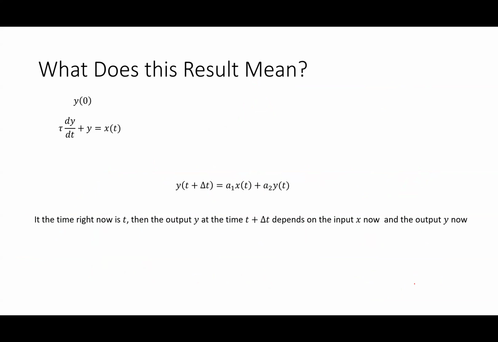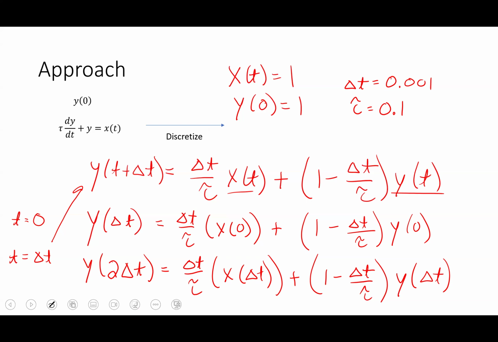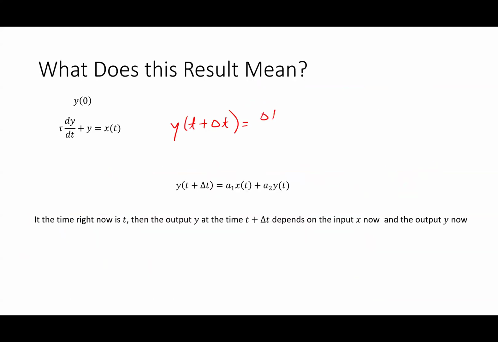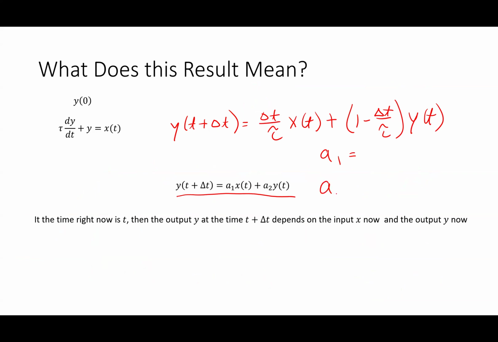On the previous slide, I came up with this result: y of t plus delta t equals delta t over tau times x of t plus 1 minus delta t over tau times y of t. In the expression that I wrote here, what is A1 and what is A2?